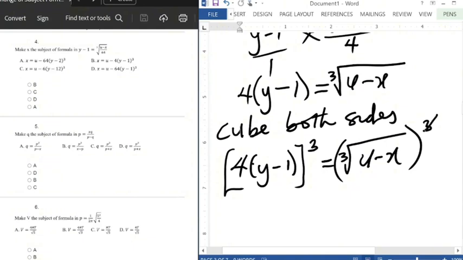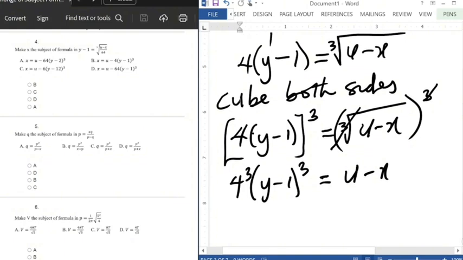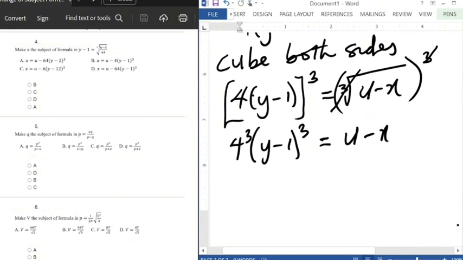So in that case, we cancel this. Then we open this. So 4 cubed, that means 4 cubed into bracket y minus 1 cubed, which is equal to u minus x. I hope this is getting clearer. So 4 cubed is 64.